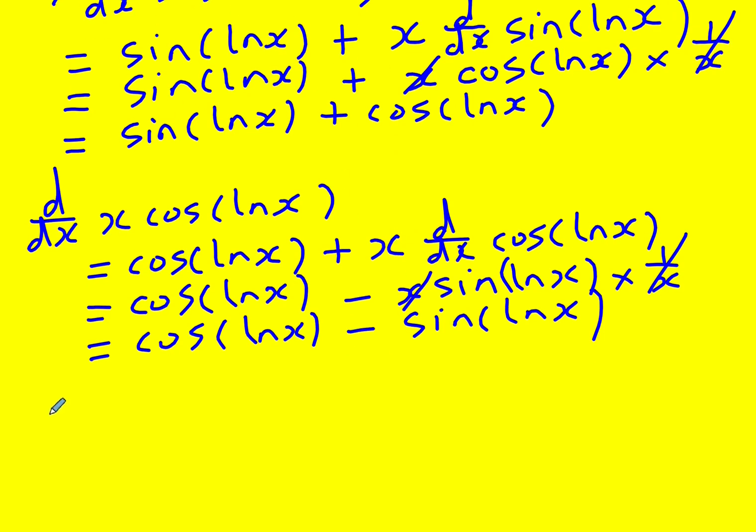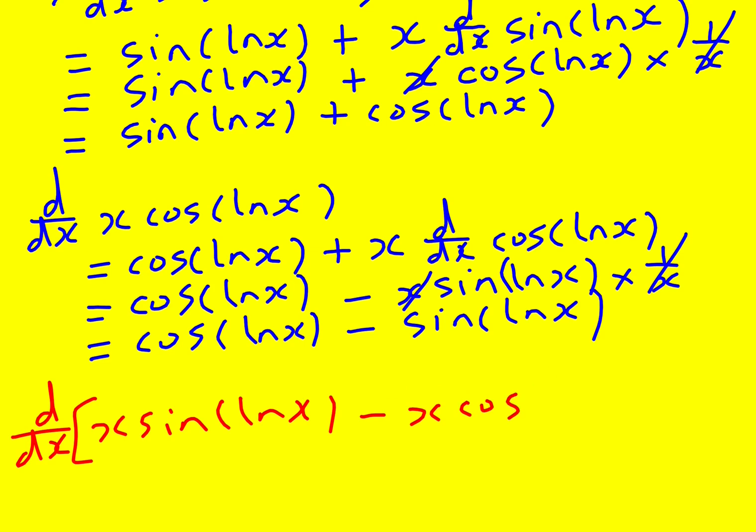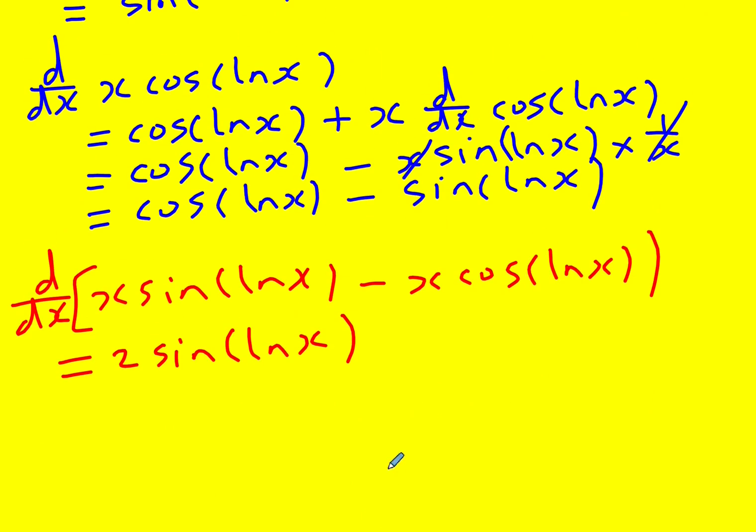If I do d by dx of x sine ln x minus d by dx of x cos ln x, and I can actually put that in a big bracket like this, then I'm in fact going to get 2 sine ln x. Okay, sort of like a simultaneous equations kind of problem.